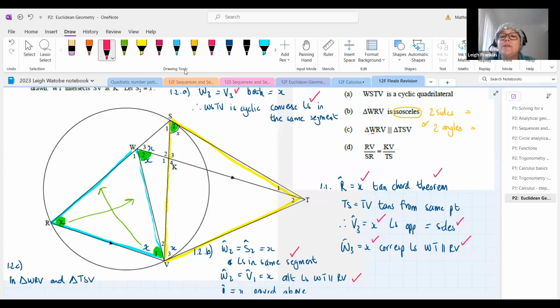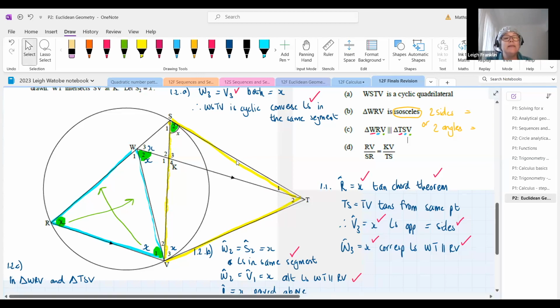So we know that W goes with T. We know that R goes with S. And we also know that V goes with V. So that gives us some nice clues to work with.